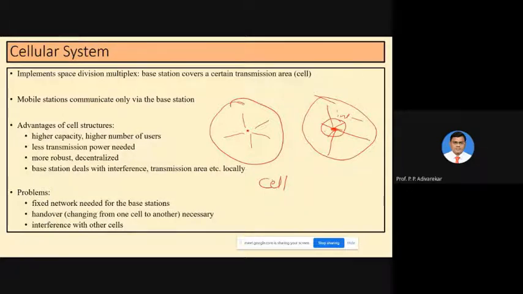If you remember, we have seen this kind of pattern, which will be closer to our circular pattern.